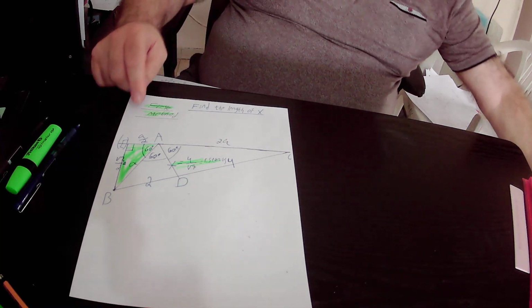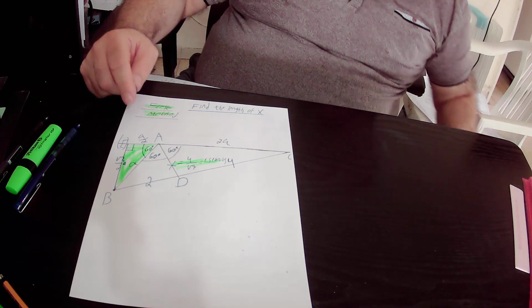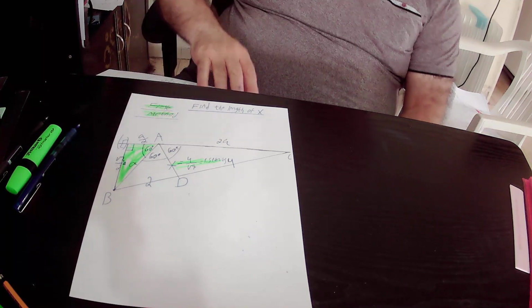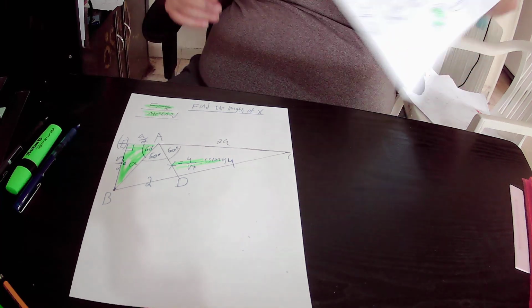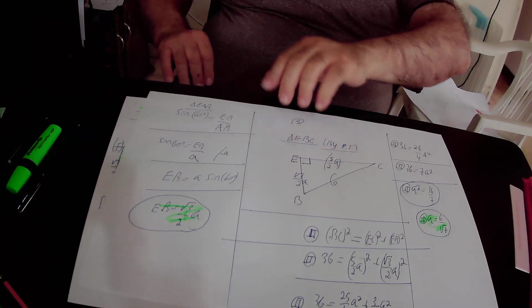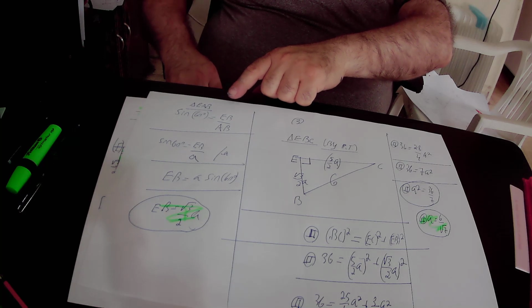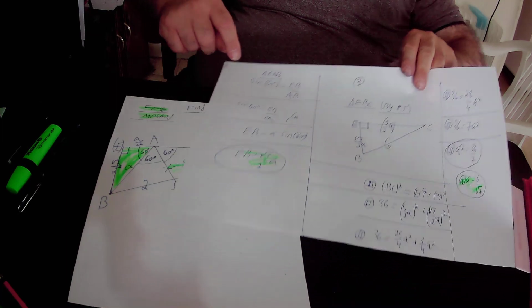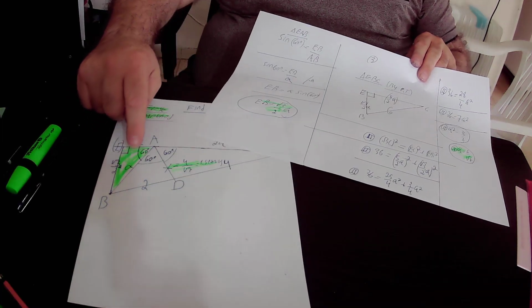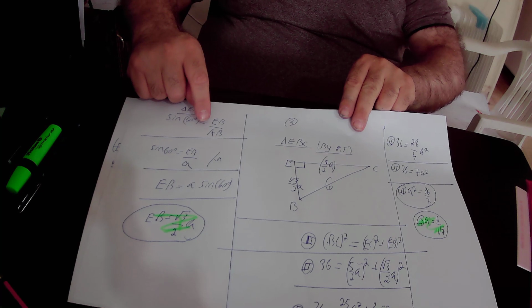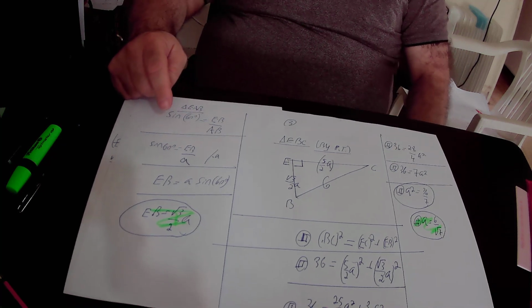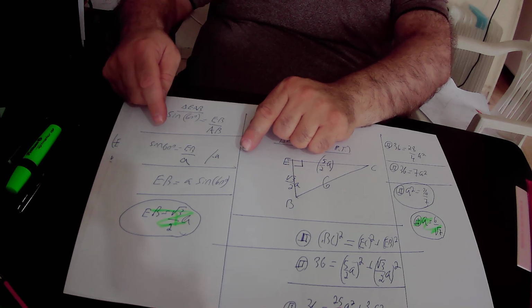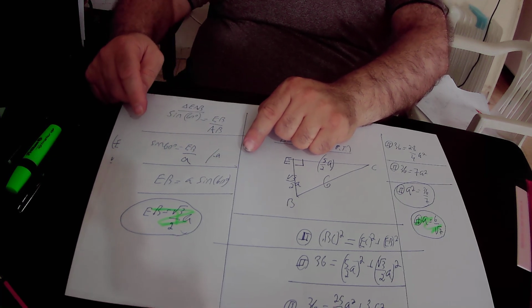Then, in the green triangle EAB, we know that sine 60 degrees equals EB over AB. In the right triangle EAB, sine 60 degrees equals EB over the hypotenuse AB, that is A. We substituted AB by A. Then we multiplied this equation by A, and we found that EB equals A times sine 60 degrees.